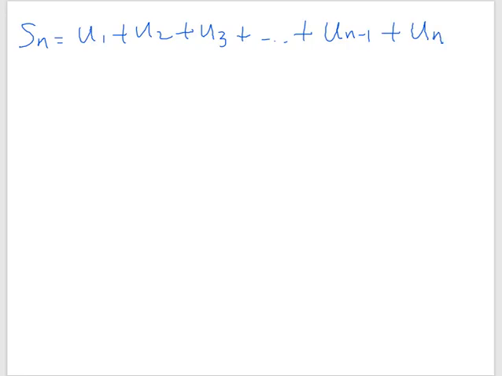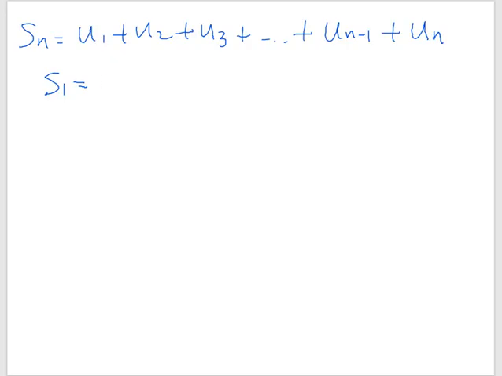Remember, we define Sn to be U1 plus U2 plus U3 all the way to Un. So before you reach Un, you should reach Un minus 1. So Sn is U1 plus U2 plus U3 all the way until Un minus 1 and Un.